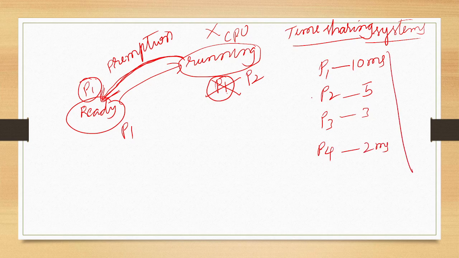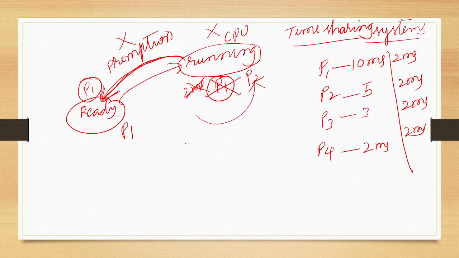But we are giving every process only 2 milliseconds of time initially. First, process P1 is allocated only 2 milliseconds. Immediately we remove it and give a chance to P2. This is preemption. This is the preemptive type of scheduling.